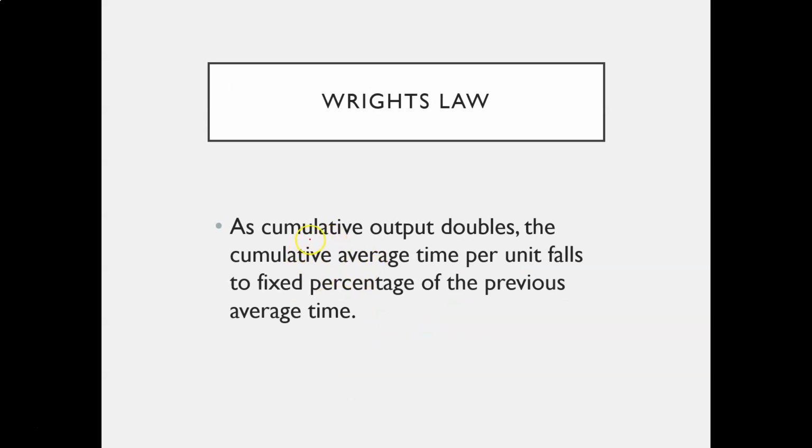It says here that as the cumulative output doubles, so for example, when I go from 1 to 2 to 4 to 8 to 16 to 32 to 64, and so on, the cumulative average time falls by a fixed percentage. My focus, guys, is on the average time, not on the total time. I can come back and look at the total time and make adjustments, or even the individual time, but the cumulative average time falls by a fixed percentage.